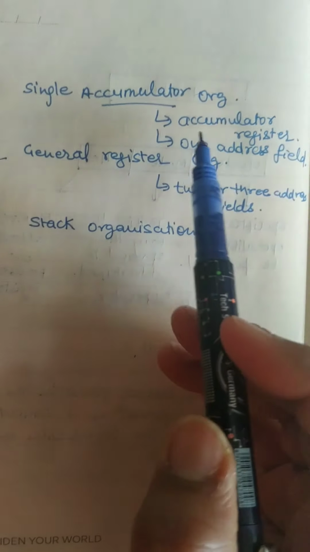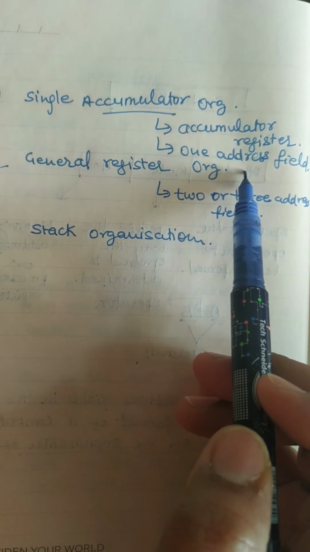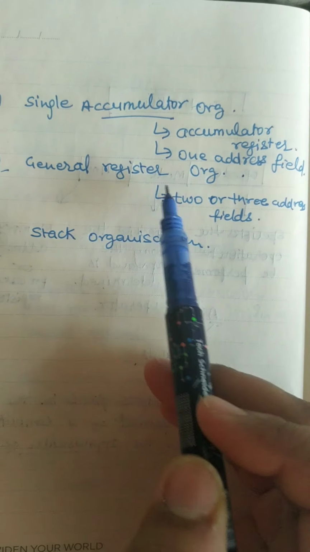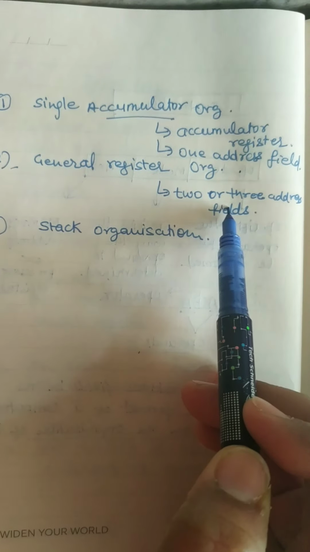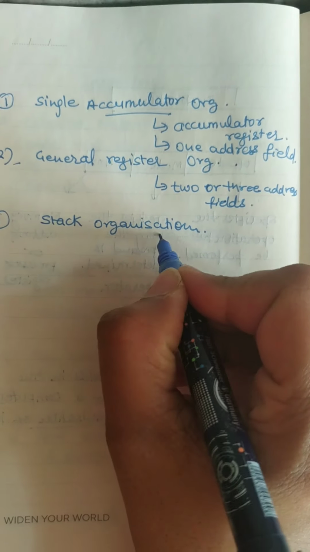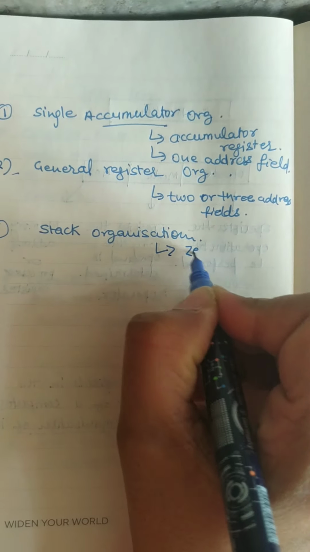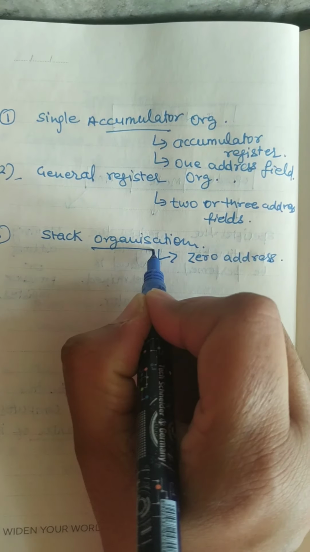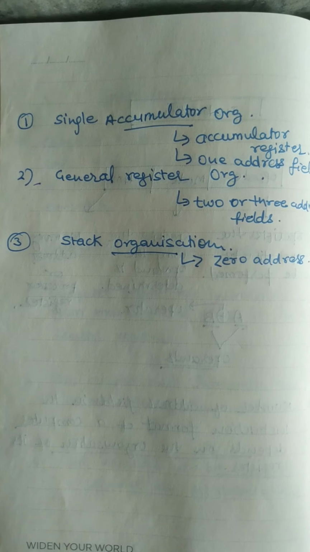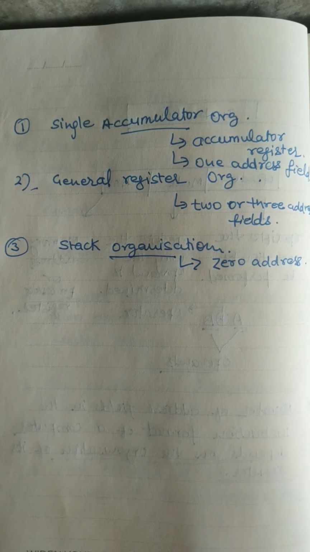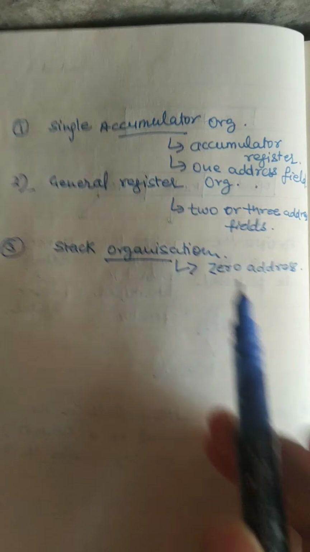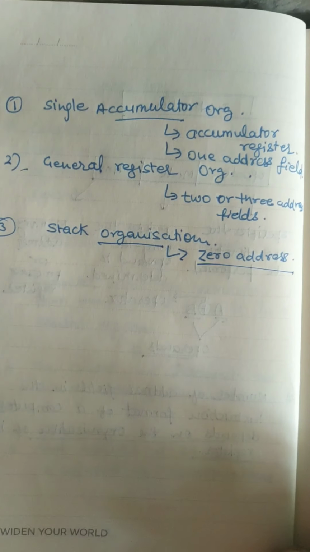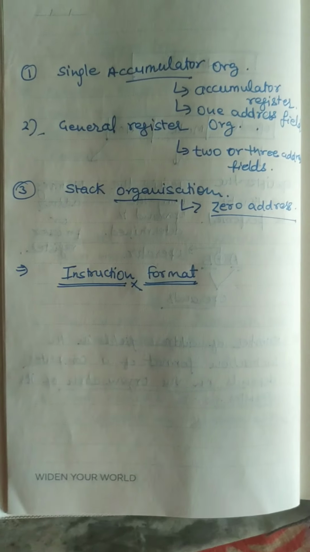So single accumulator organization uses only one address field. General register instructions use only 2 or 3 address fields, and stack organizations have 0 address instructions, because in this organization we perform operations on the top 2 elements of the stack. That is why it has no address field in its instruction.